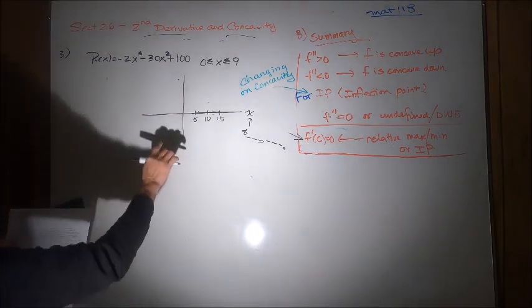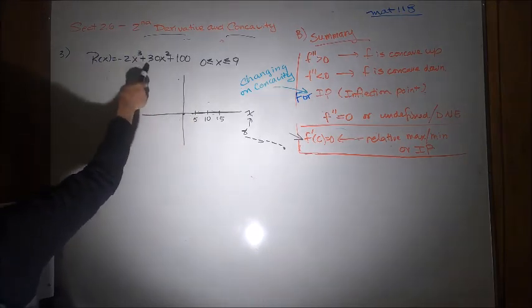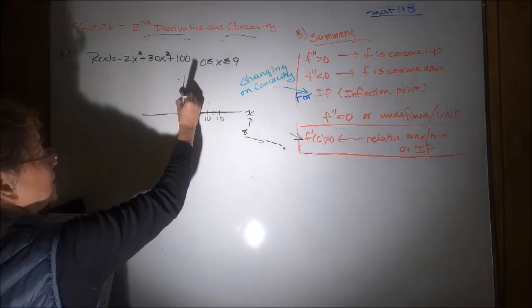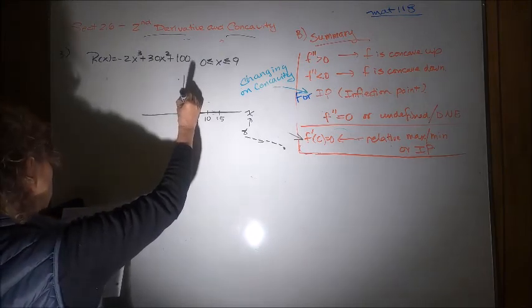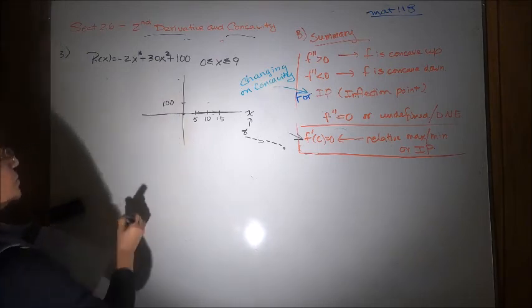So if x is 0, you invest $0. So what's your return? It's the revenue. Revenue is $100,000 as well. If 1 here means $100,000, so it's 100.